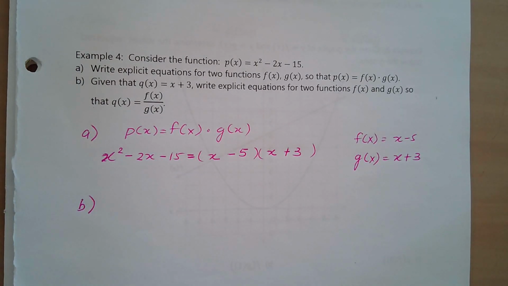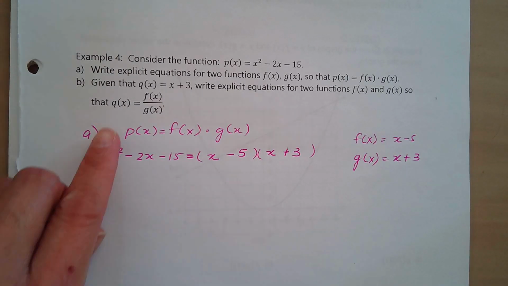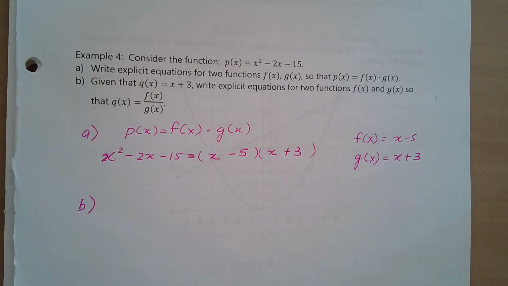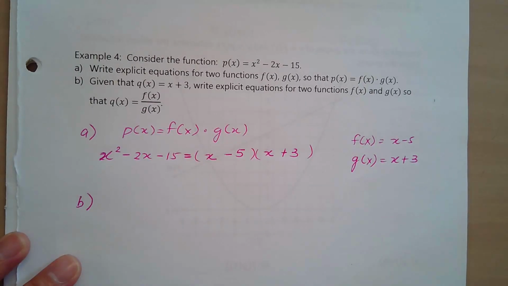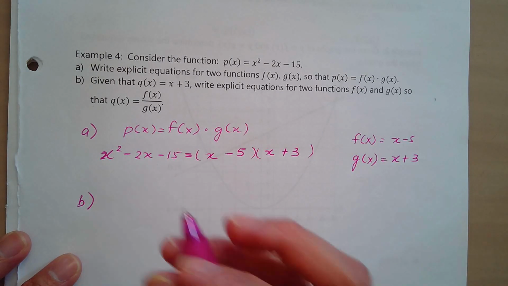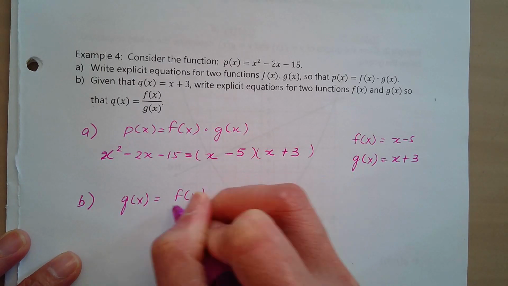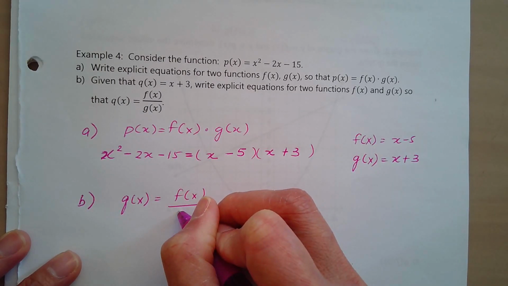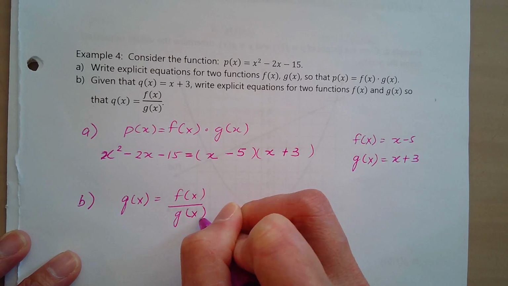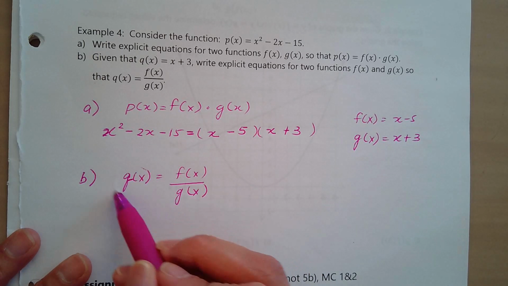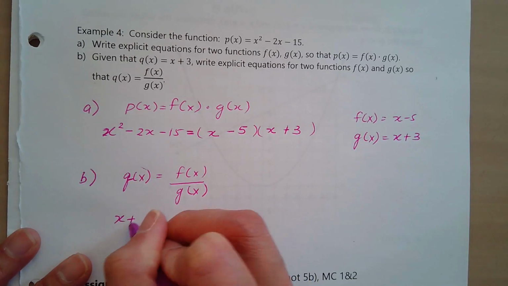What about letter B? Given that q of x is x plus 3, write explicit equations for the two functions f of x and g of x so that the quotient will give us the x plus 3. So we know that this is going to be x plus 3.